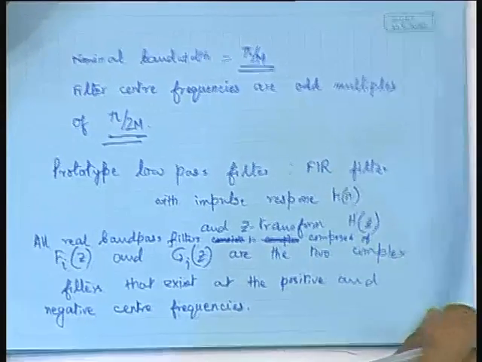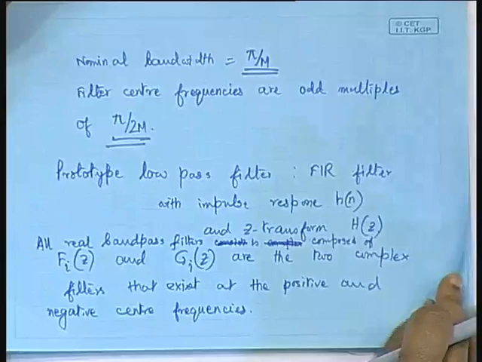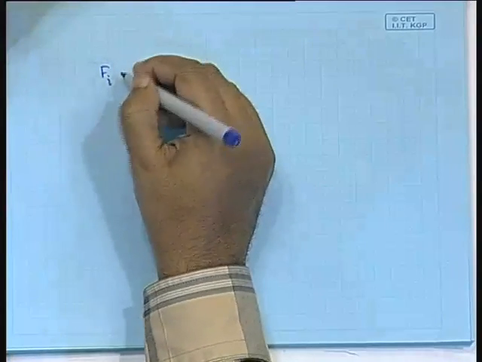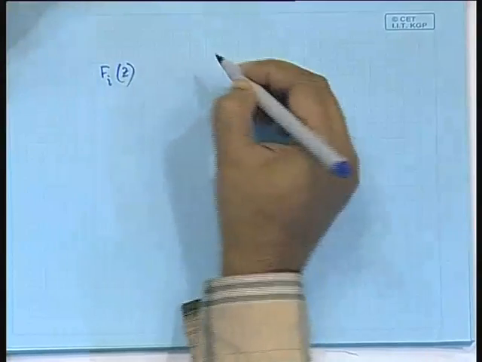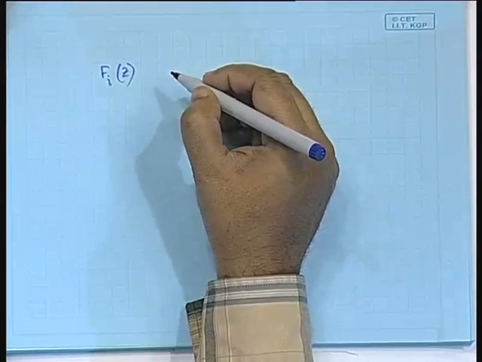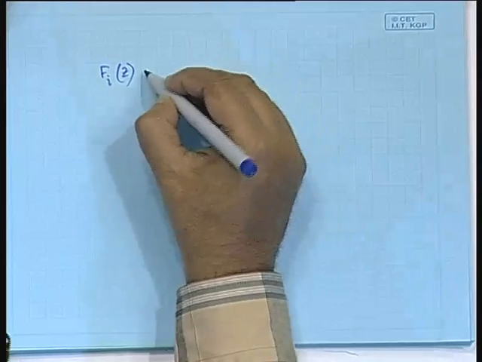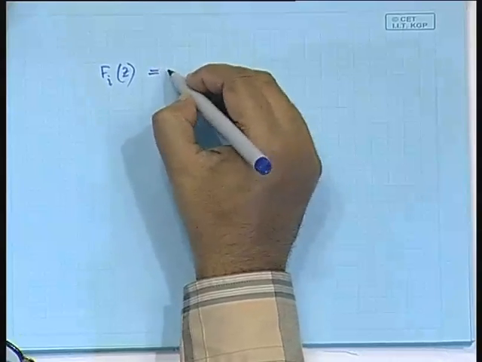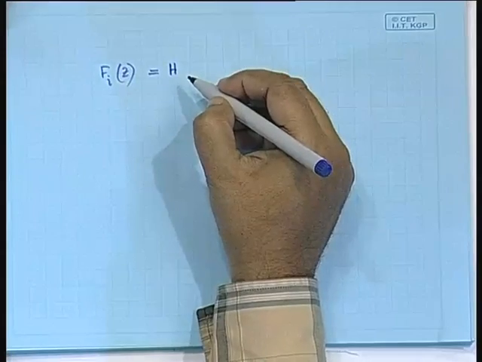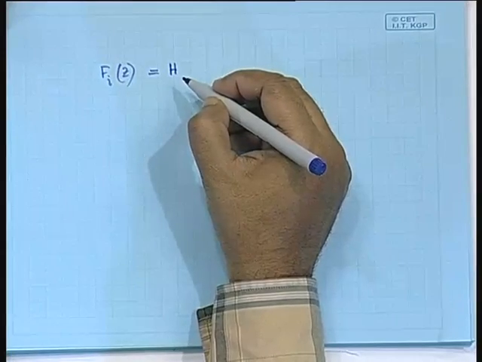So, what we have to do is that we can express the Fi(z) and Gi(z) as follows. The suffix i stands for the ith band pass filter we are talking of. So, Fi(z) will be given as h of z, the z domain transfer function of the low pass prototype.